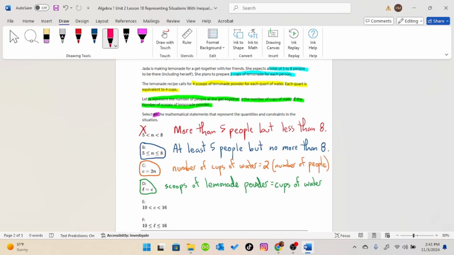And finally, we look at E. This says the cups of water are going to be more than 10, but less than 16.